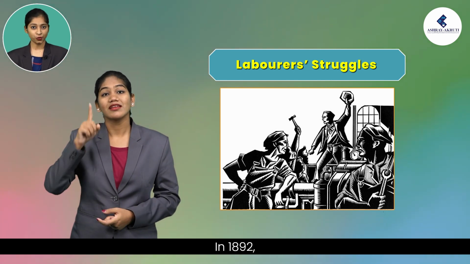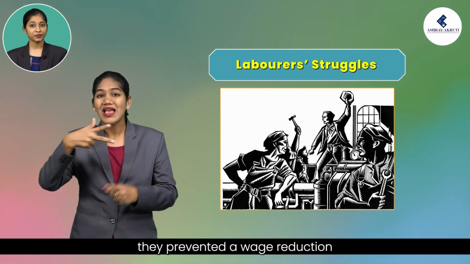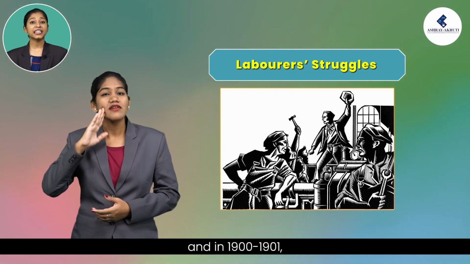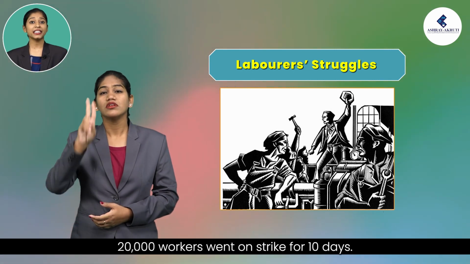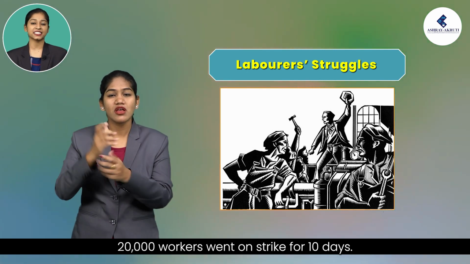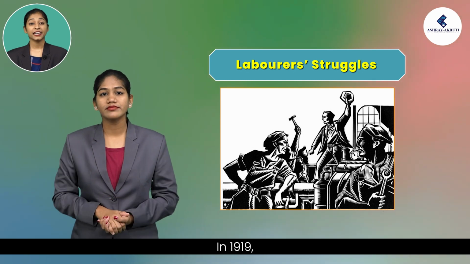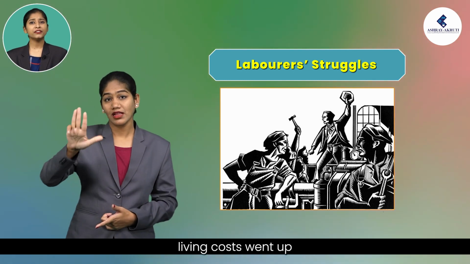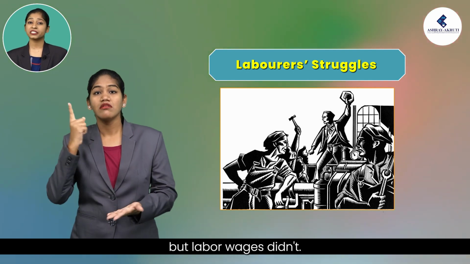In 1892, they prevented a wage reduction, and in 1900 to 1901, 20,000 workers went on strike for 10 days. In 1919, living costs went up, but labor wages didn't.